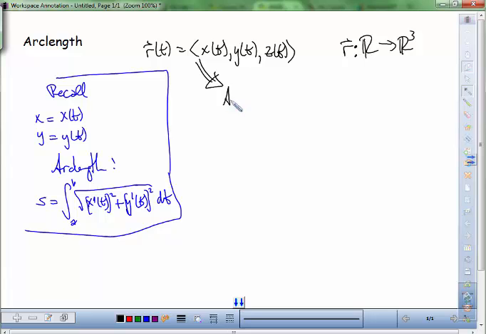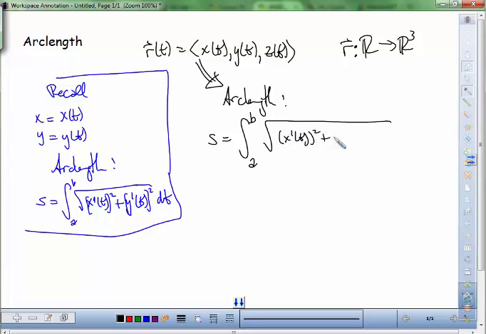Our arc length is going to be given by, again, depending on what you want to go from and to, your limits will be based on your t. And then this looks like it will be just the square root of all these things, x prime of t squared plus y prime of t squared, and then we just throw on that last one.